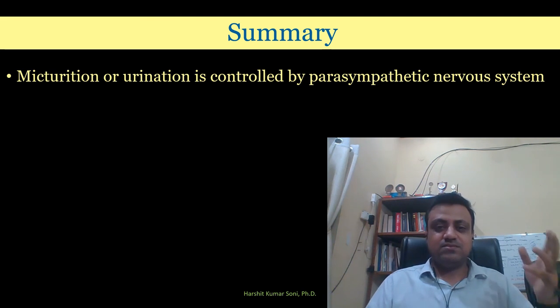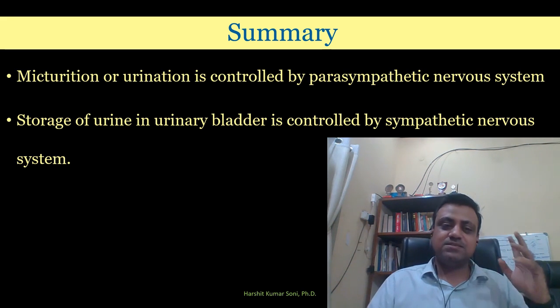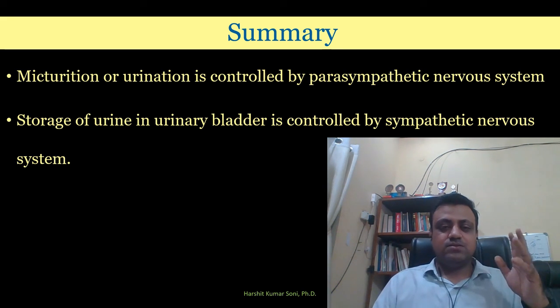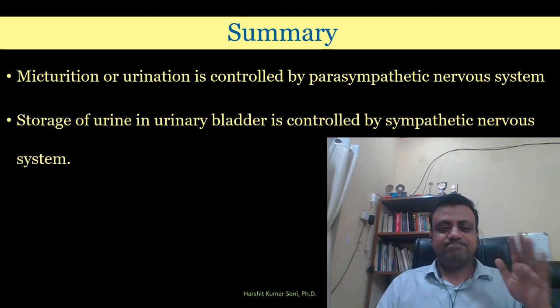Then micturition, urination, is controlled by the parasympathetic nervous system, and storage is controlled by the sympathetic nervous system. This is our formation of urine.